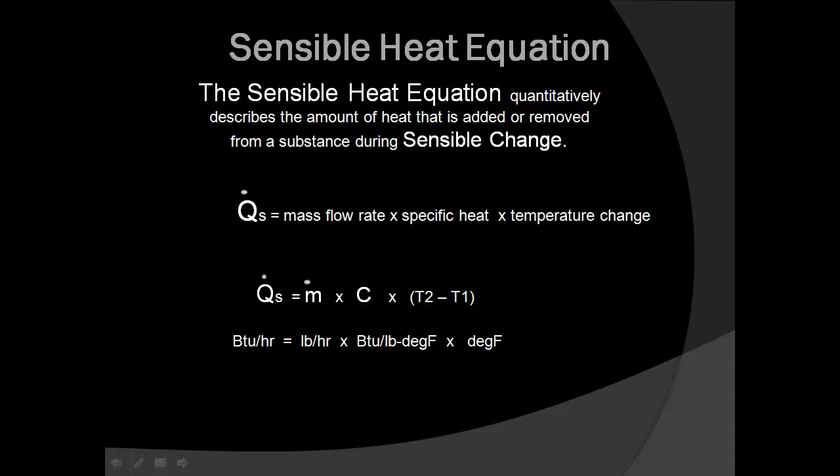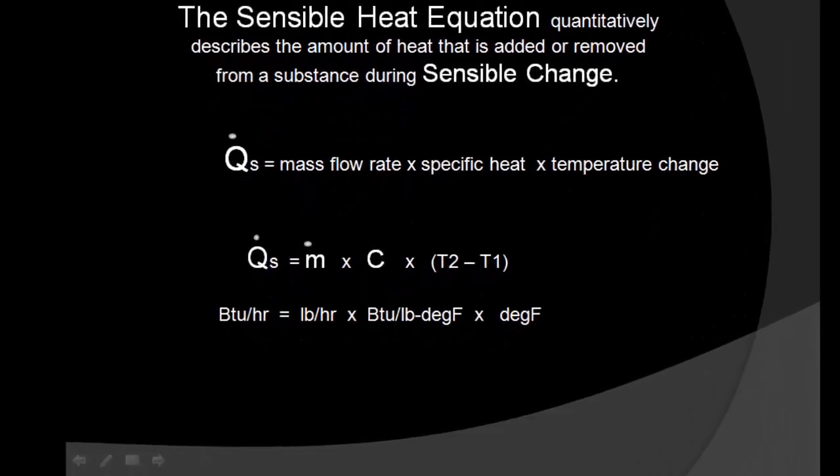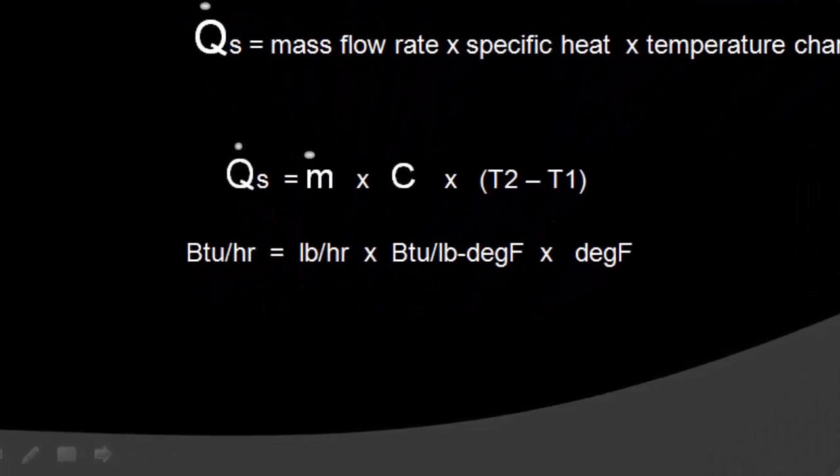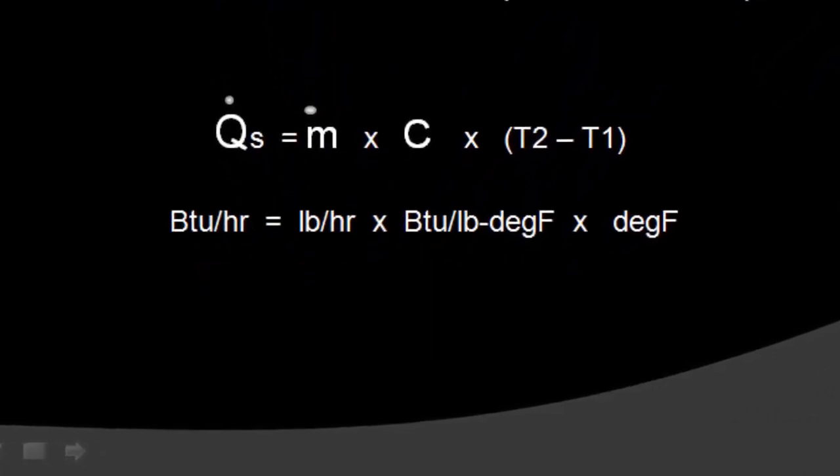Shown as equation, Q sub S is equal to the mass flow rate times the specific heat times the change in temperature. Shown another way, Q sub S with a dot, we show that with a dot to designate that it is a rate, is equal to M times C times T2 minus T1, or delta T. Units are very important here.